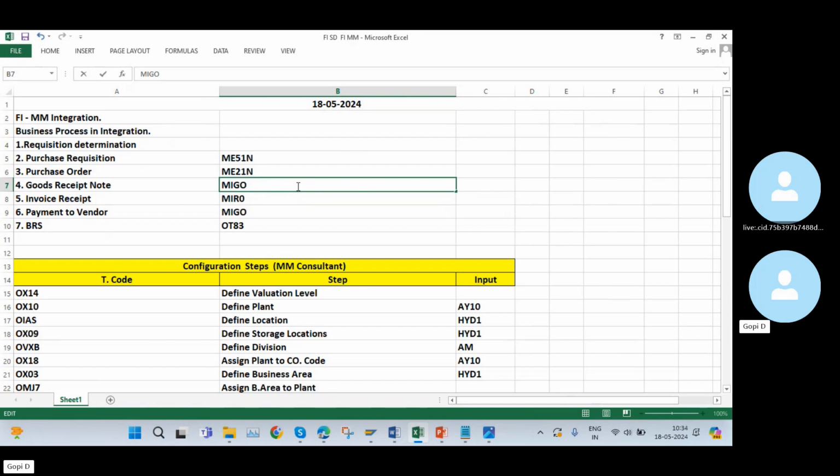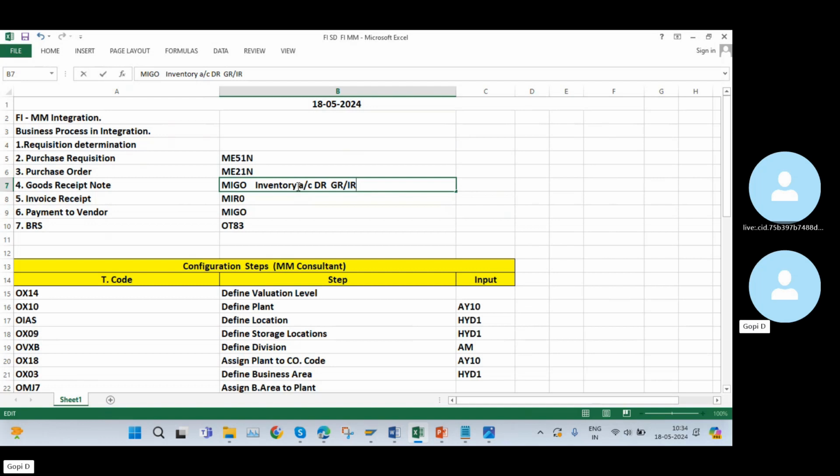The general entry will be inventory account debit, GR/IR. GR/IR is goods receipt, invoice receipt. This is just one account. We can use it for a provision.